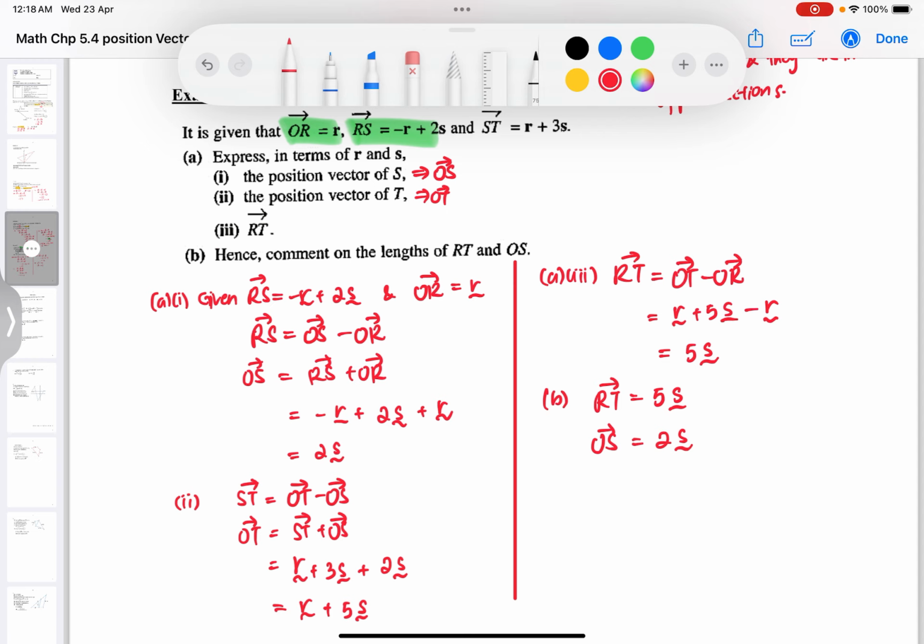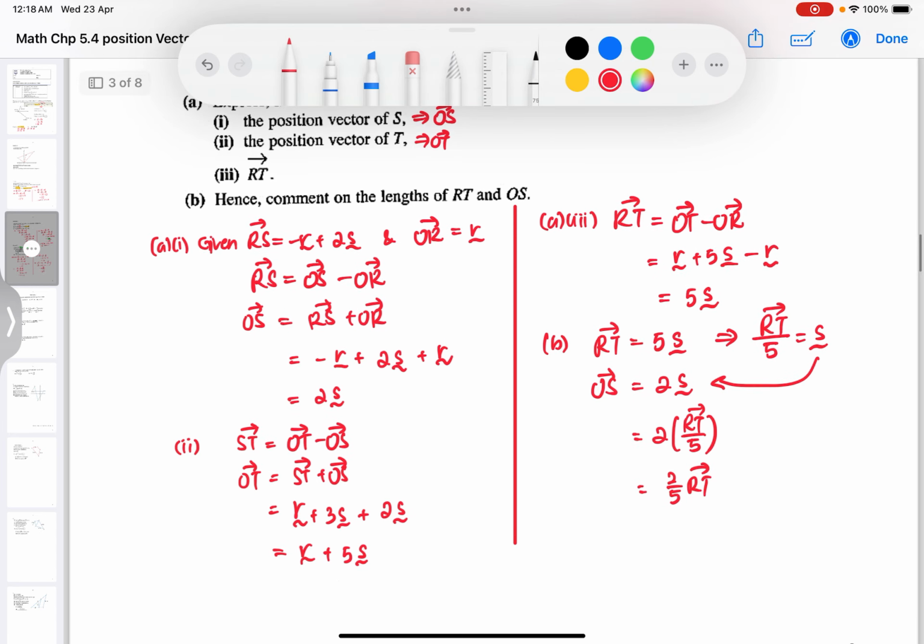So how do I do that? Over here, I can divide both sides by 5. So RT over 5 is equal to s. Then I'll replace this with this. So this will become 2 bracket RT over 5, which means that this is 2 over 5 of RT.